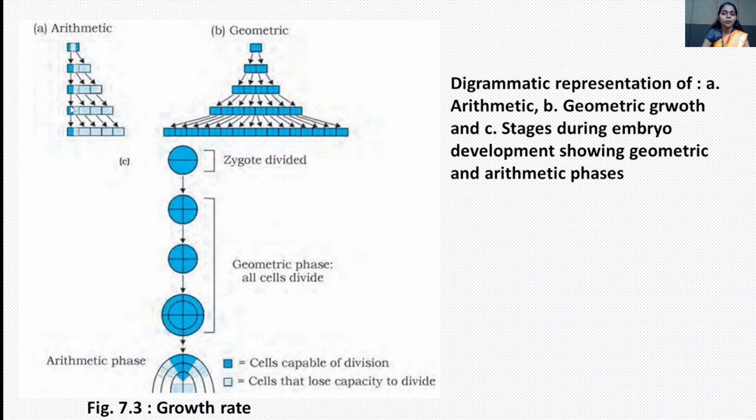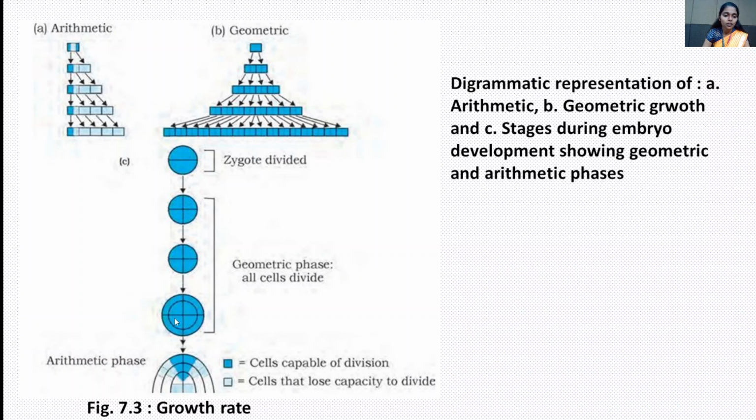The first picture shows arithmetic growth, the second is geometric growth, and the third is stages during embryo development showing geometric and arithmetic phases. The picture shows zygote divided, geometric phase, all cells dividing, and this dark blue color is a cell capable of division.